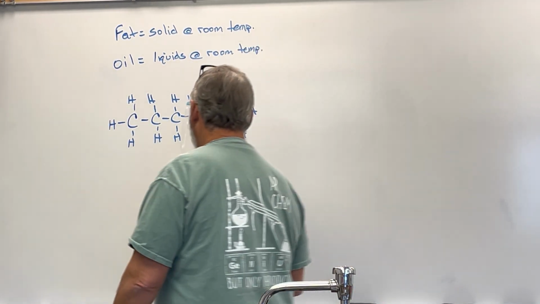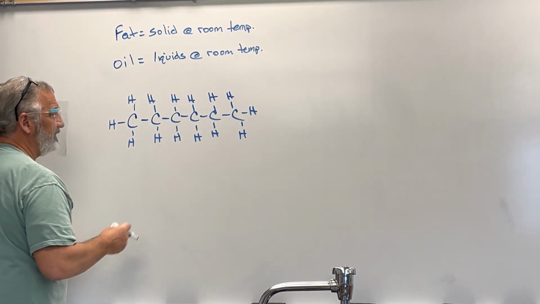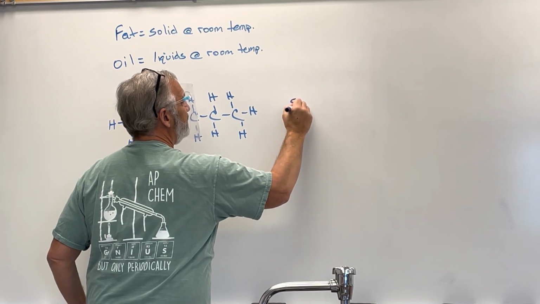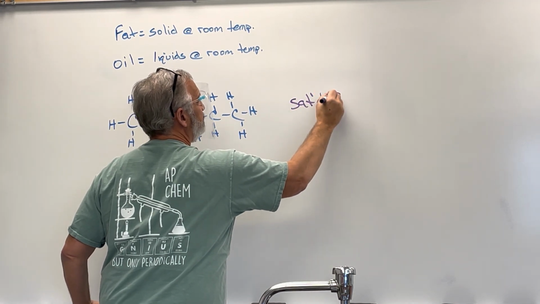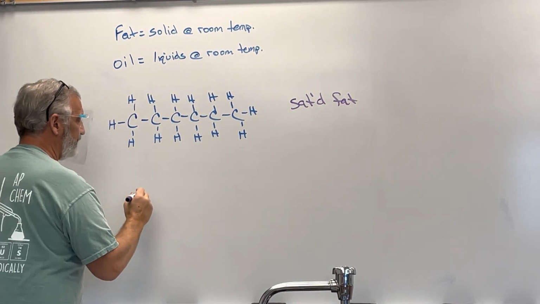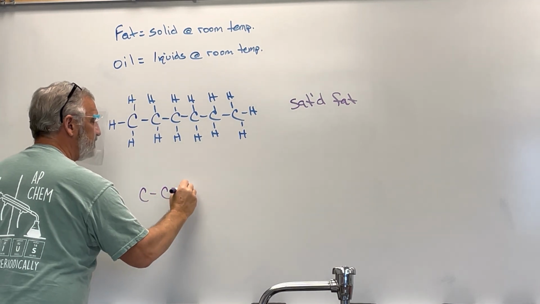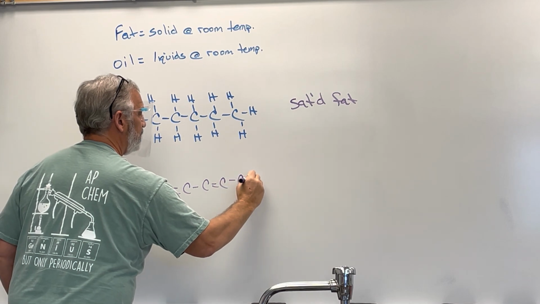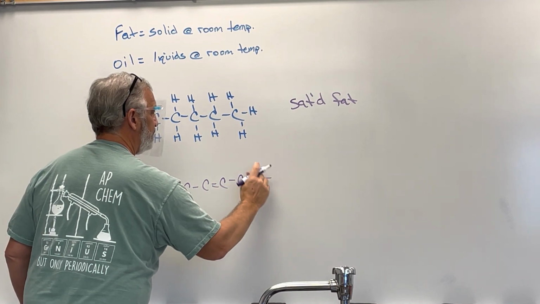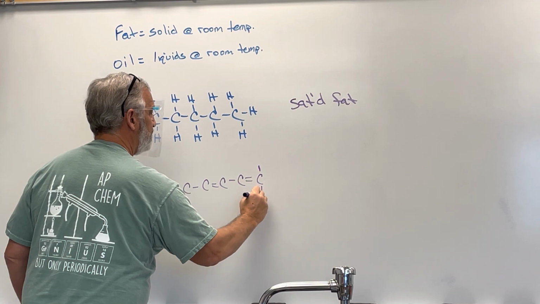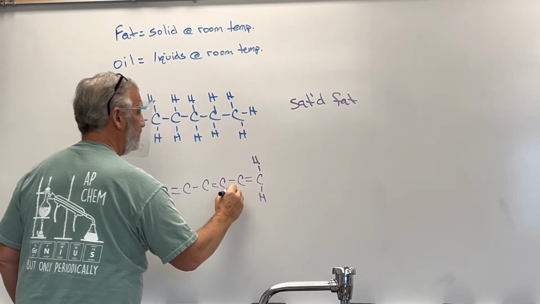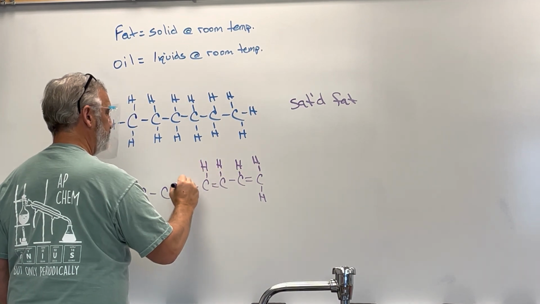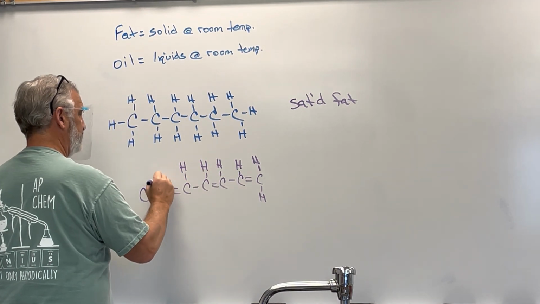So now with foods, we make unsaturated. Now unsaturated is simply this: this is a saturated fat. And unsaturated is going to have some double bonds in it. Hydrogen, hydrogen, hydrogen, hydrogen, hydrogen, hydrogen, hydrogen.